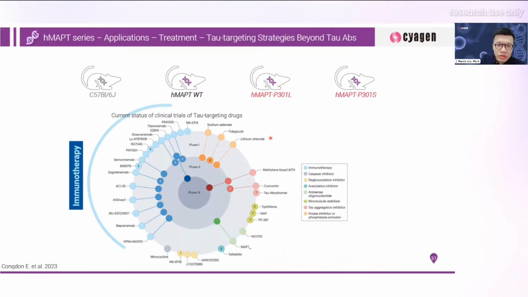These are all therapies focusing on tau, not only to diminish tau in general or pathological tau, but also to stabilize it, to prevent it from aggregating, to prevent it from transforming itself from a physiological part to a pathological part.